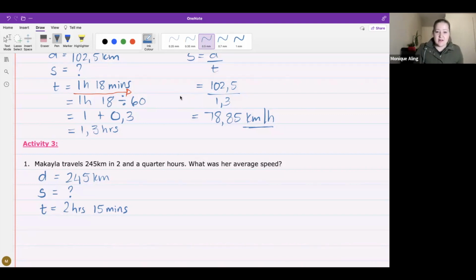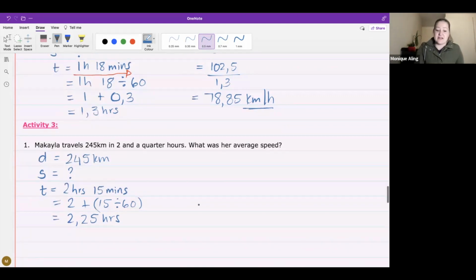Okay, so firstly, you need to convert time to hours only. So it's 2 hours plus 15 minutes divided by 60, which gives you a time of 2.25 hours.